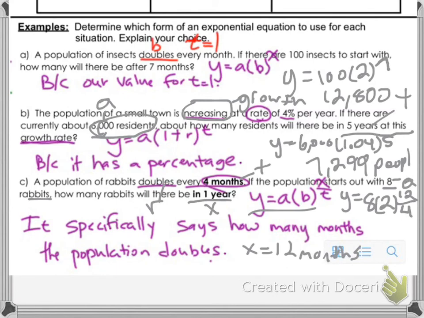Alright, so 12 divided by 4, we just got y equals 8 times 2 to the third power. So we know that 2 to the third power is 8. And then times 8, 64. We have 64 rabbits.